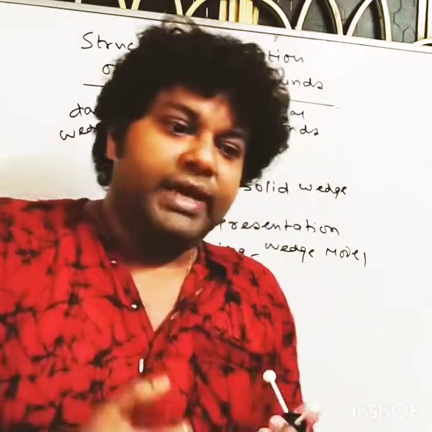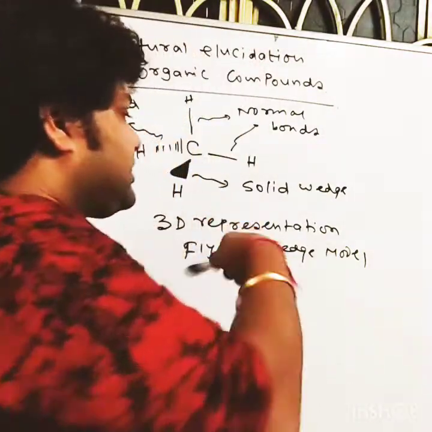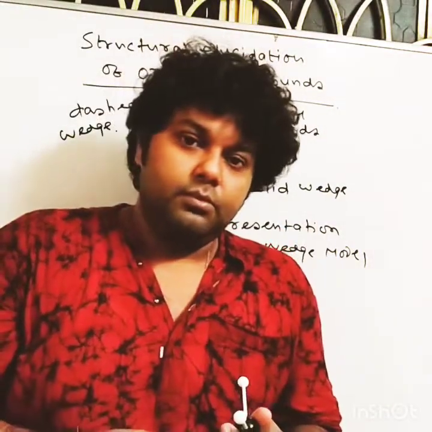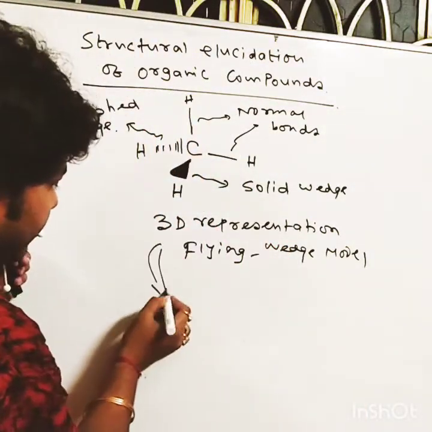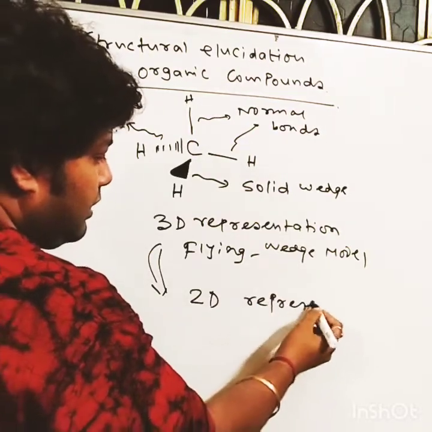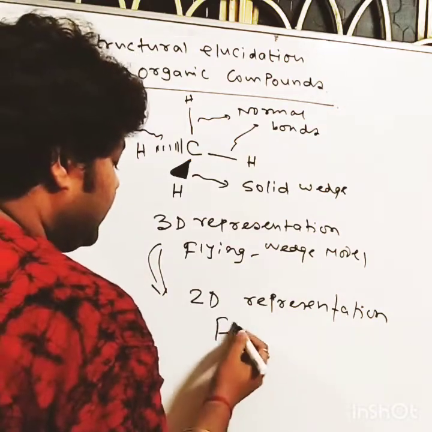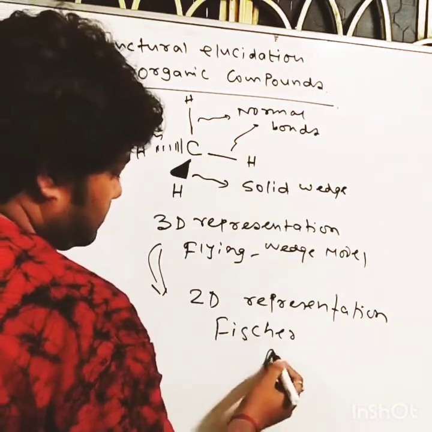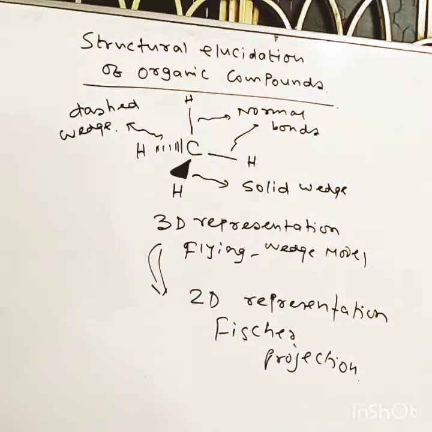So generally we have the duty, the responsibility, to convert this 3D structure into a 2D one. When this 3D is converted to a 2D representation, that 2D representation, my dear students, is known as the Fischer projection, named after the eminent chemist Emil Fischer.